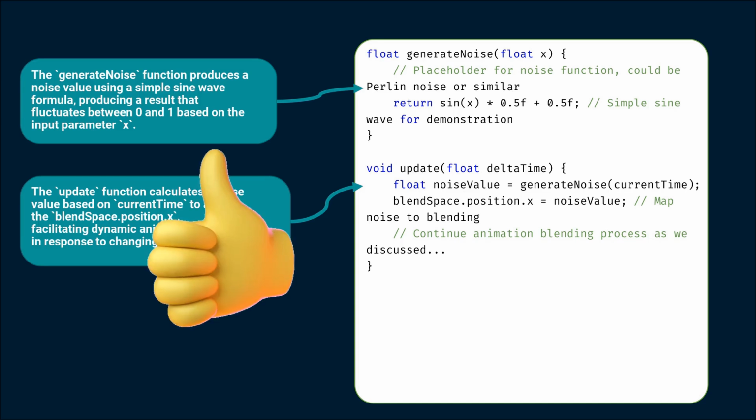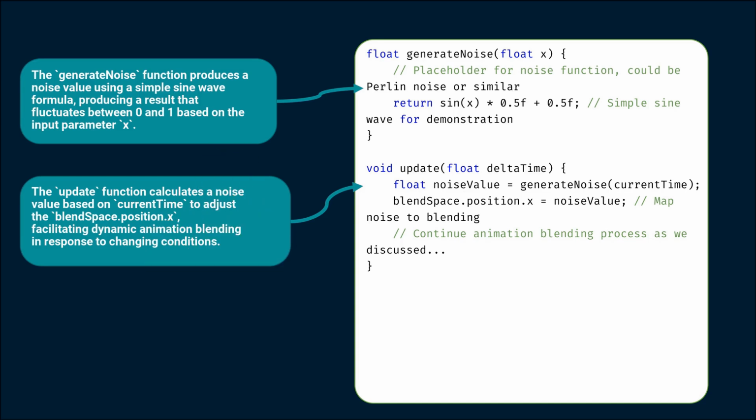Now, as the game progresses, this approach helps create animation outputs that feel more lifelike and less mechanical, ultimately enhancing immersion. By incorporating these procedural techniques, we can achieve complex and nuanced animations that evolve naturally throughout gameplay, adjusting to character movements and interactions without needing manual tweaks for every situation.